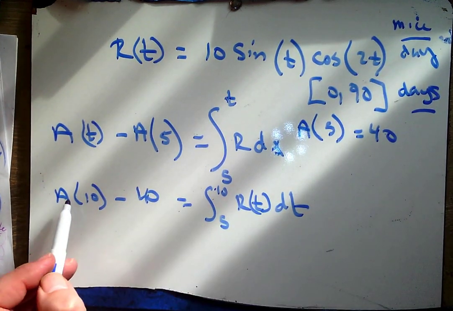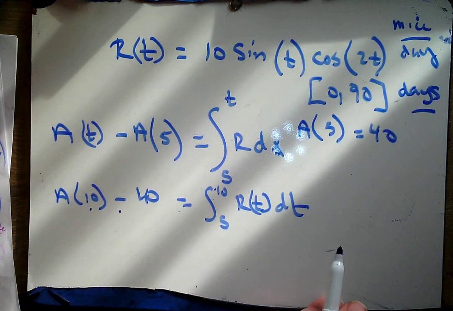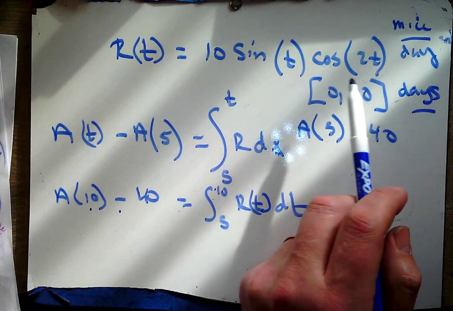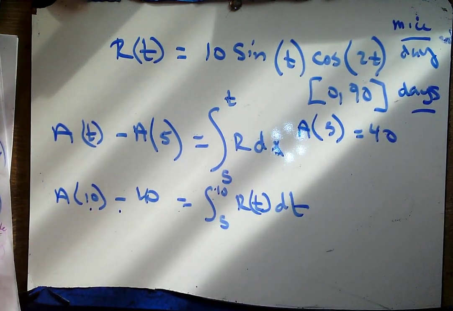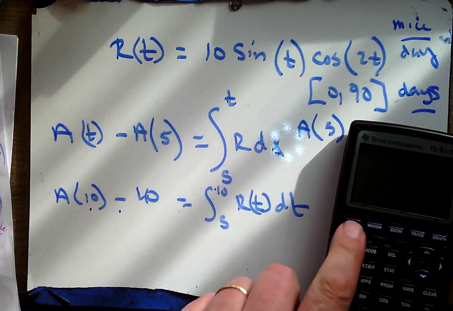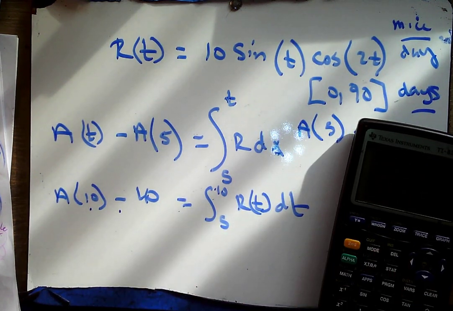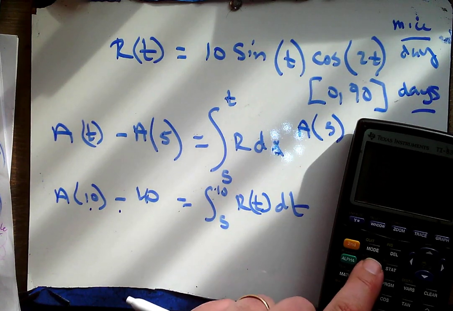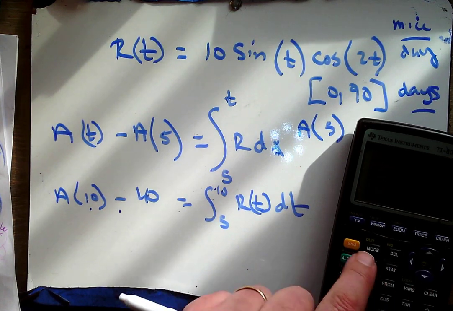So to find A of t, I'm going to add 40 to the value of that integral. Nobody's expecting you to integrate that by hand. This is with calculator. So, change my function. Y equals is now 10 sine t, close parentheses, cosine 2t, close parentheses.